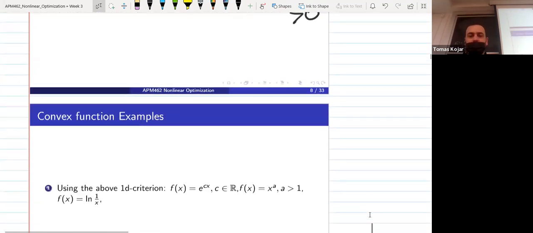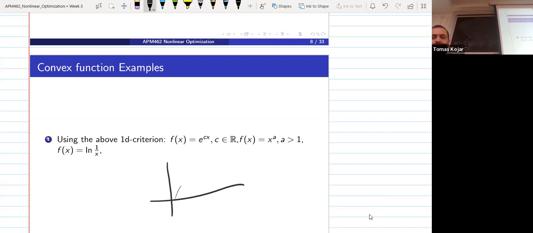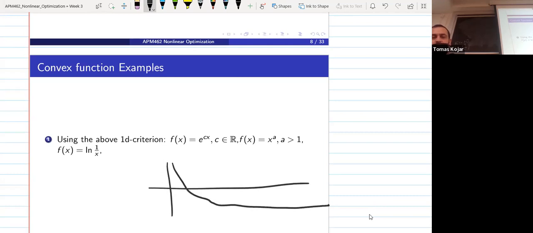All right. What else? Log 1 over x, another famous one. So what's the graph? This is 1 over x, and this is log. So it goes like this. I just took log of x and put a minus. And if you take the derivative twice, what do you get?